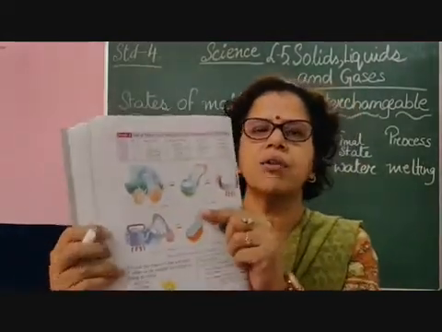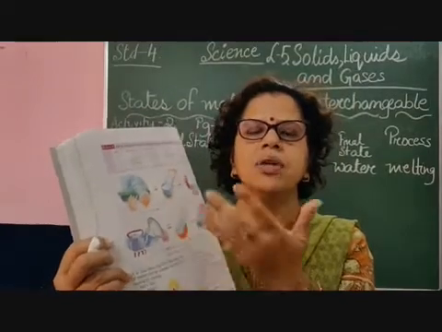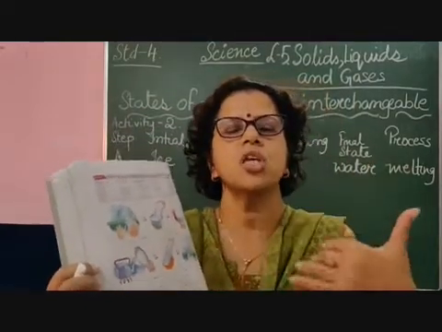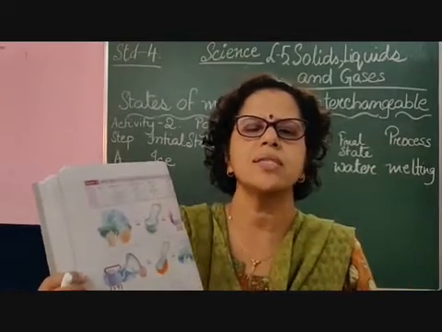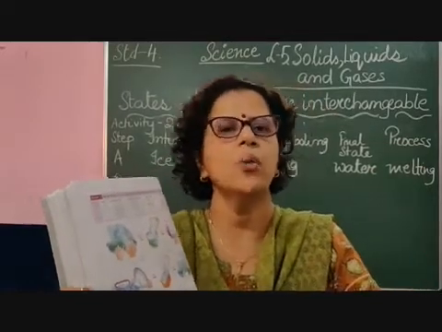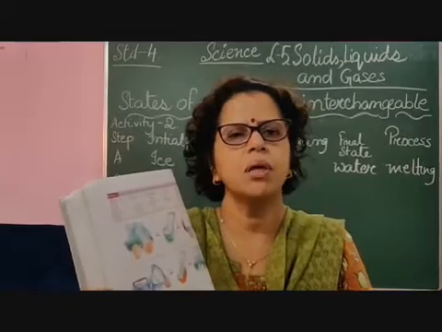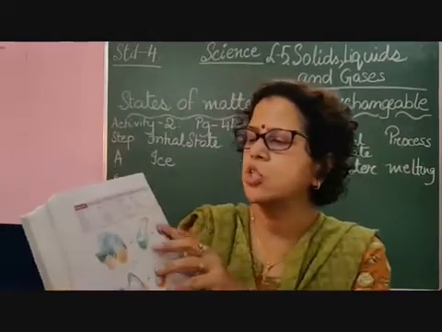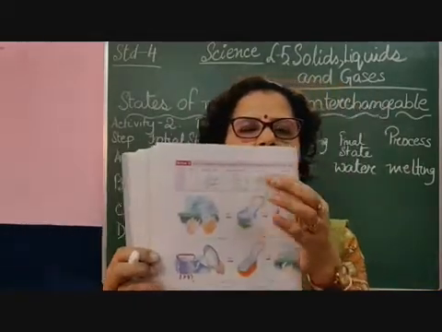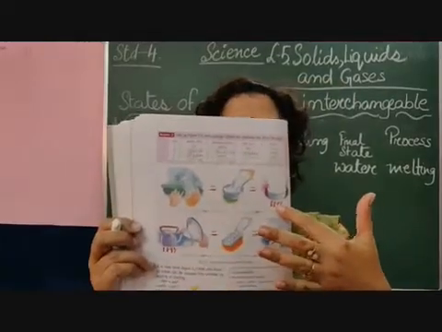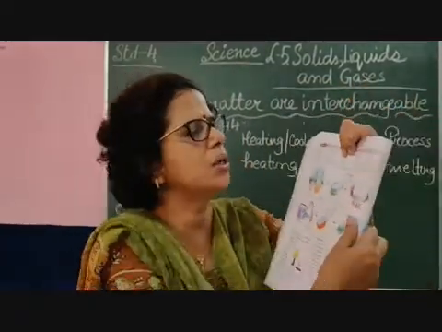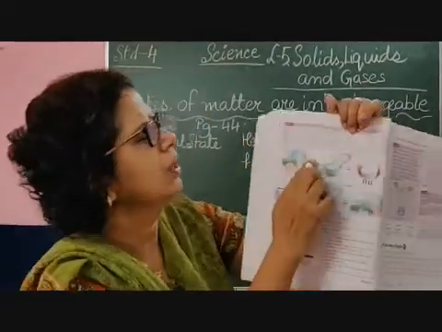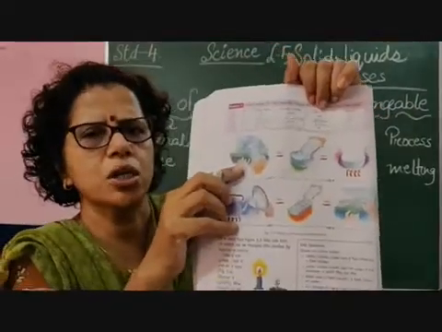Here some pictures are given showing the interchange of matter, changing from solid to liquid, liquid to gas, gas again to liquid, and liquid changing to solid. You have to fill in this change of matter sequence with the help of these pictures. As you can see, the first one is already done for you in the table. You all can see it in your textbook.